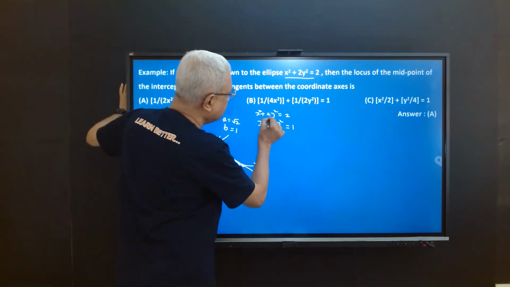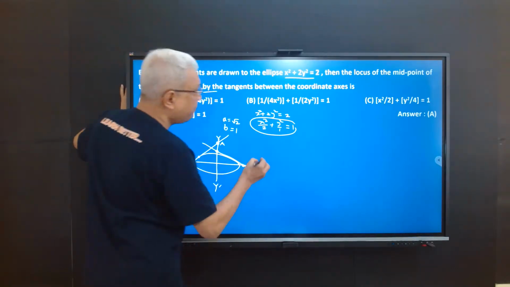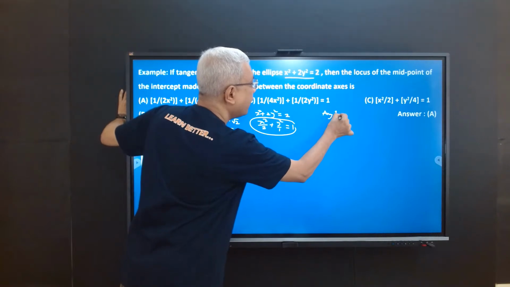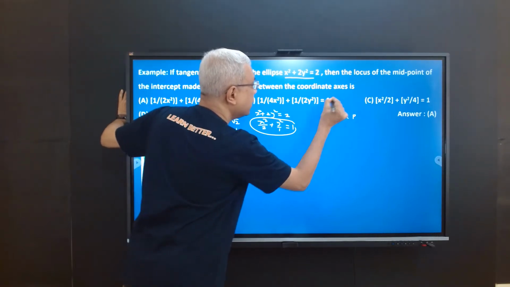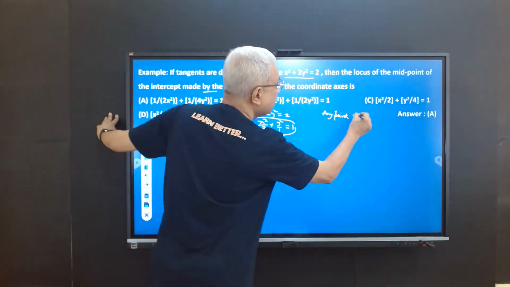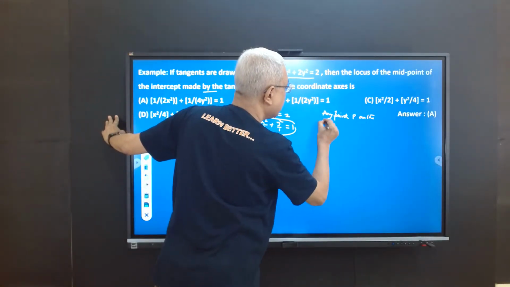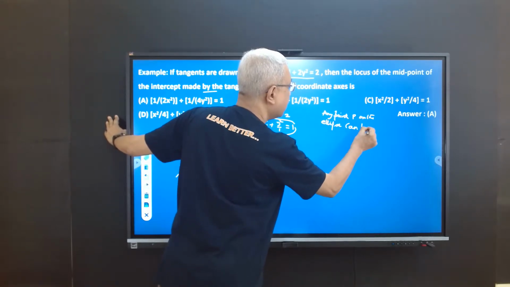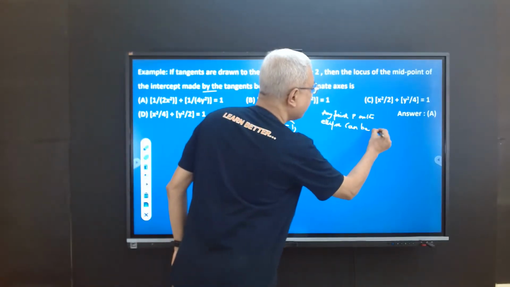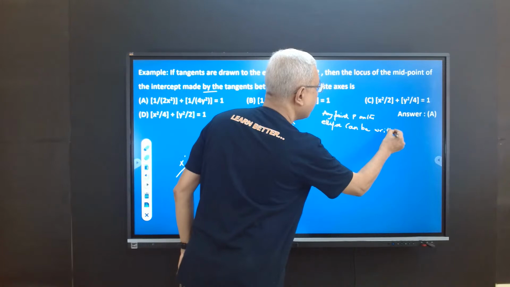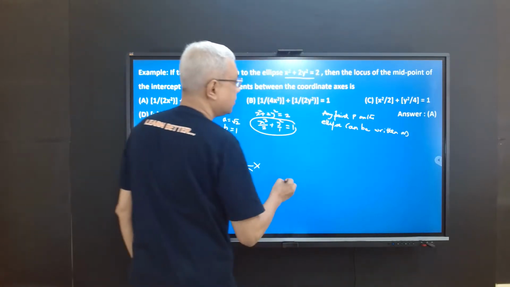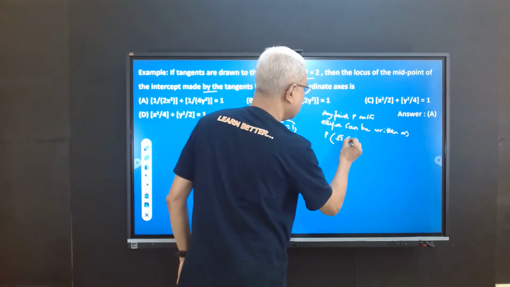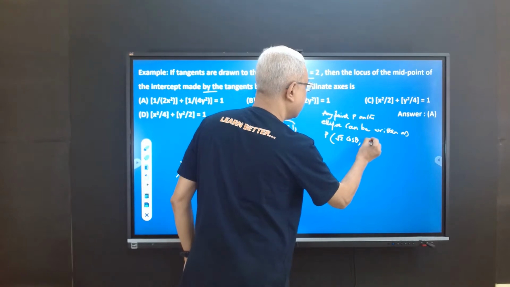So if this is the given ellipse, then any point P on the ellipse can be written as P with coordinates (√2 cos theta, sin theta).